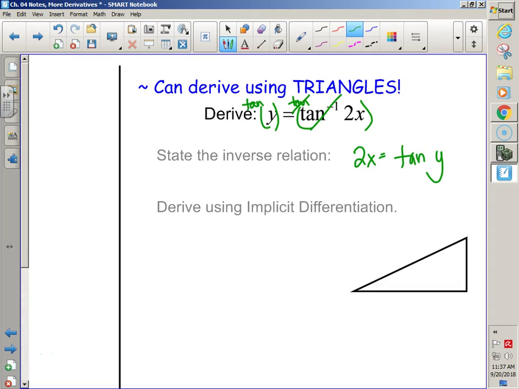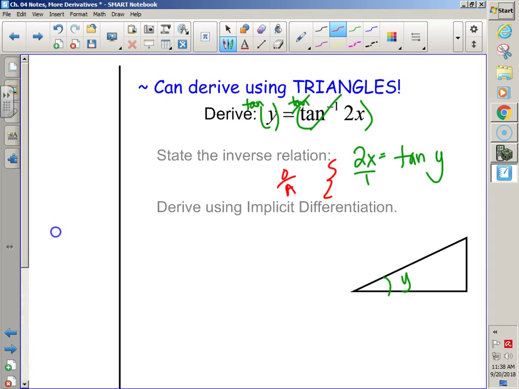So how does that translate to my triangle? Who's my angle still? What does 2x over 1 give me? What ratio does it give me? Which sides?